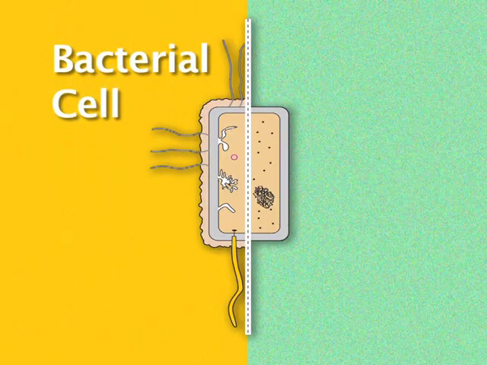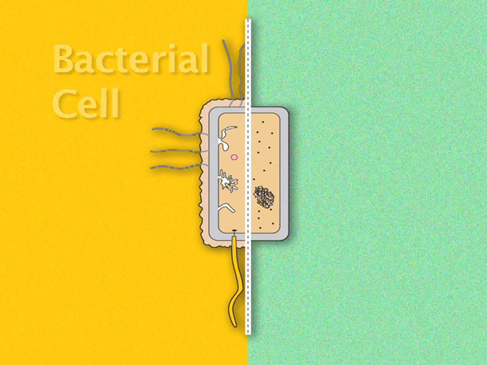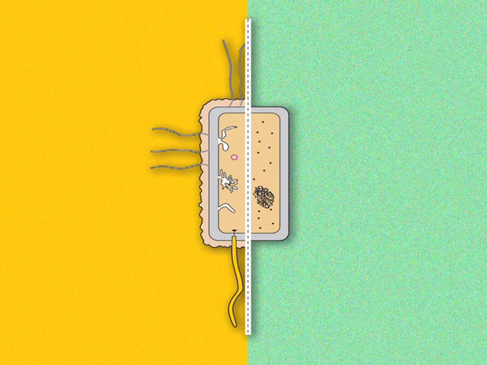The diagram shows the structure of a bacterial cell. On the left side, there are structures that are always present, and on the right side are structures that only some bacteria have. Bacteria have prokaryote cells. There is no true nucleus, no nuclear envelope, and no membrane-bound organelles such as mitochondria, chloroplasts, RER, SER, or Golgi.